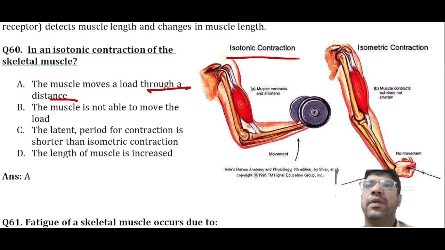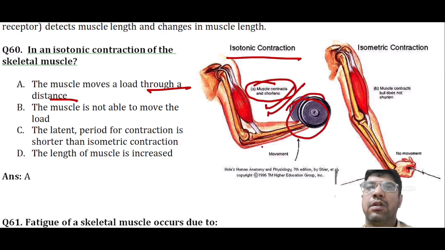Isotonic means the muscle contracts and shortens, and as it contracts, it actually moves a load or object. Think of lifting a weight like a dumbbell: as your bicep muscle contracts, it shortens and moves the weight through a distance. That is isotonic contraction.